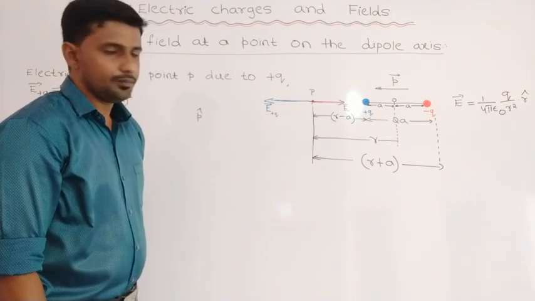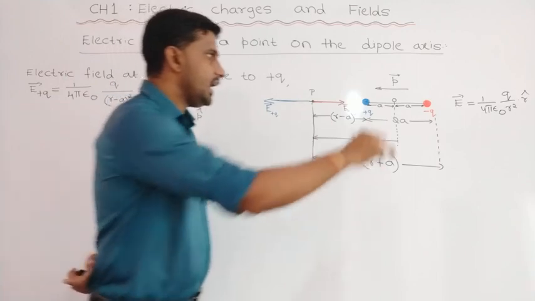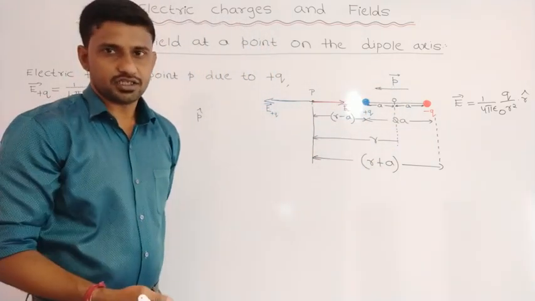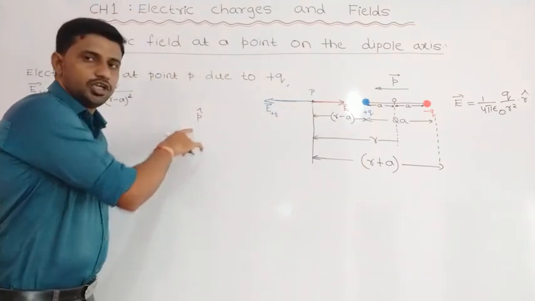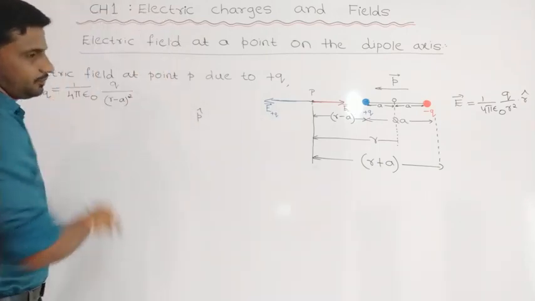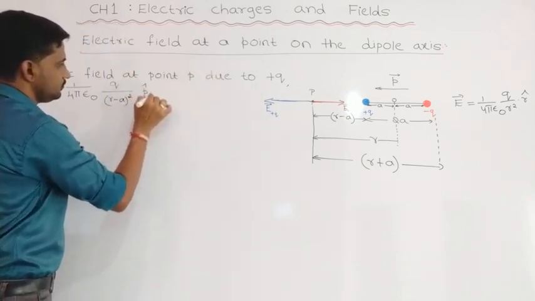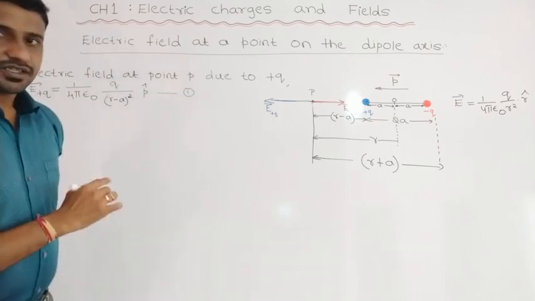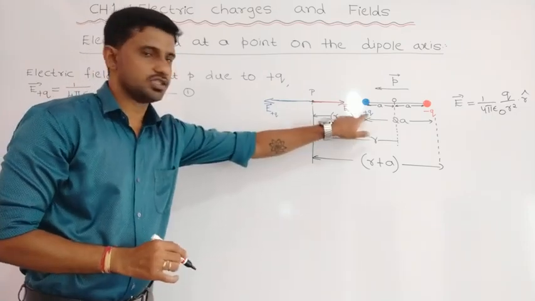If you observe, the electric field direction due to the positive charge and the electric dipole moment direction are in the same direction, right? So I am taking P cap as the unit vector to represent the direction of the electric field. Okay, so this is equation 1. This is the expression for the electric field at point P due to the charge plus Q.